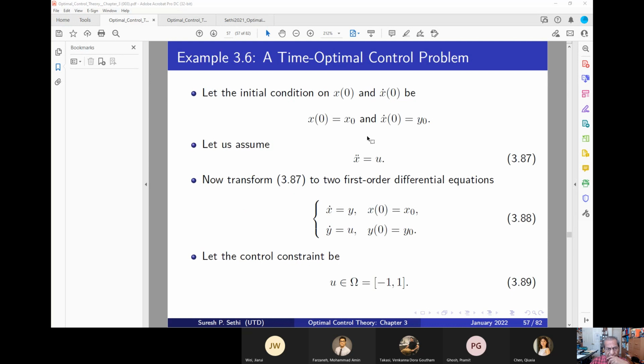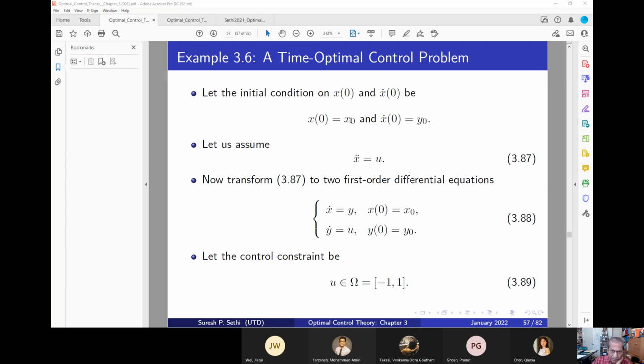This problem, example 3.6, is not a problem in management science and economics. But this is a problem that is found in every optimal control theory book.